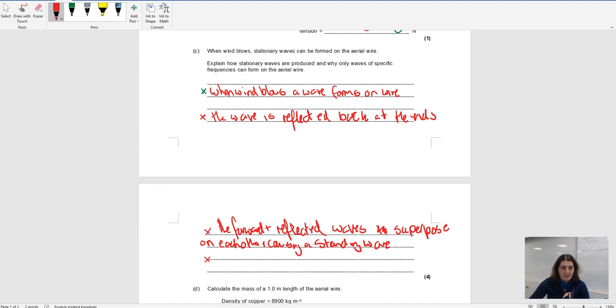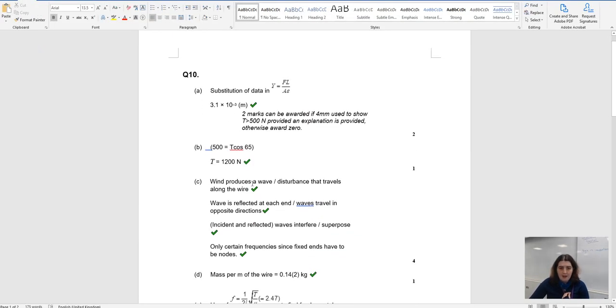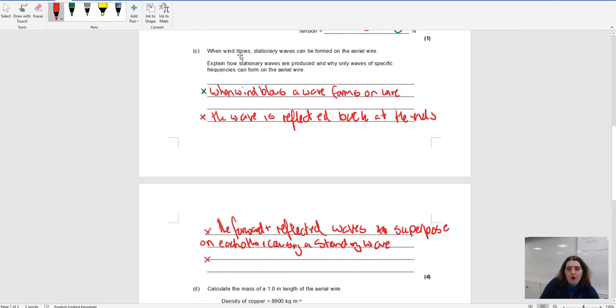If I grab the mark scheme for that, if you look here, the wind produces a wave along the wire. The wave is reflected, and then those waves superpose on each other. So it's superpose, not superimpose. And the last thing is mentioning why only specific frequencies can do this.